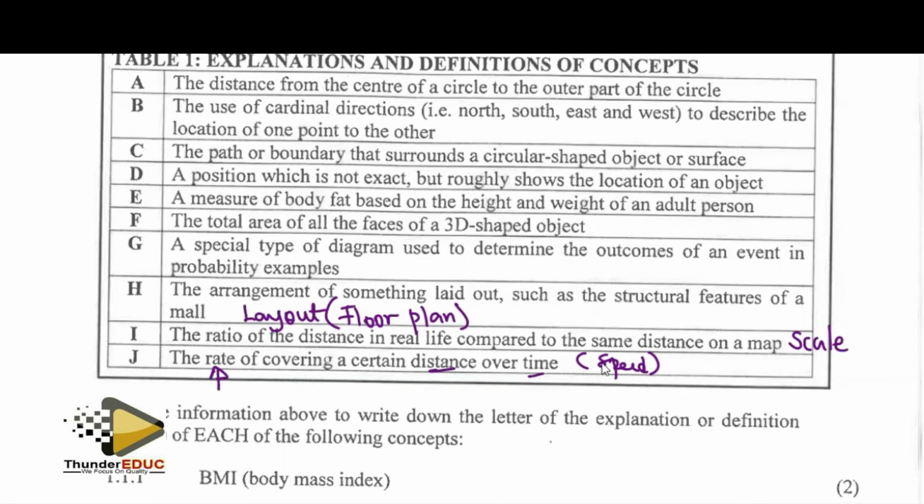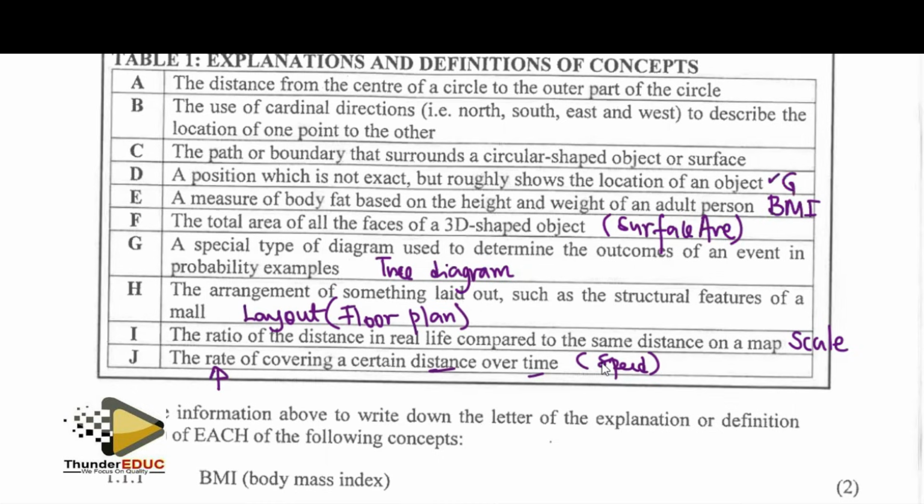A special type of diagram, this is called a tree. This is a tree diagram. This is surface area. A measure of body, this is supposed to be BMI. A position which is not exact but roughly shows the location of an object.